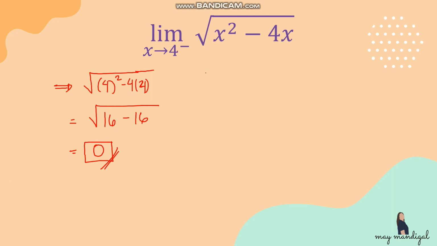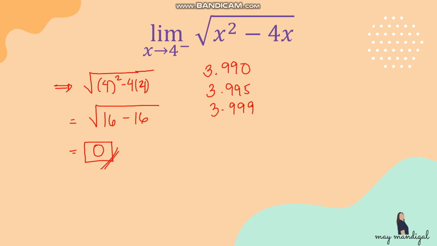Let's try to get values that are closest to 4 from the left. So what are those values? We can try 3.990, 3.995, and 3.999. Now, let's observe the values. What will be the values of the function if we substitute these to this function?